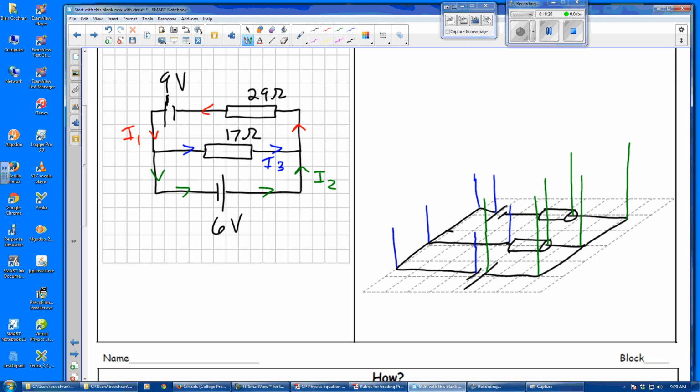So let's see, I said this was at 0, goes up 9, across, all of these are staying the same. And then it goes up 6 more.